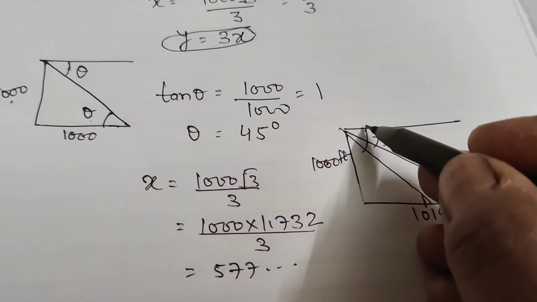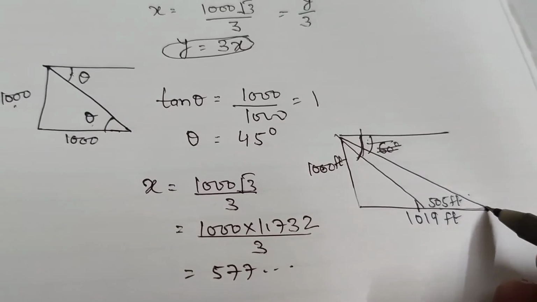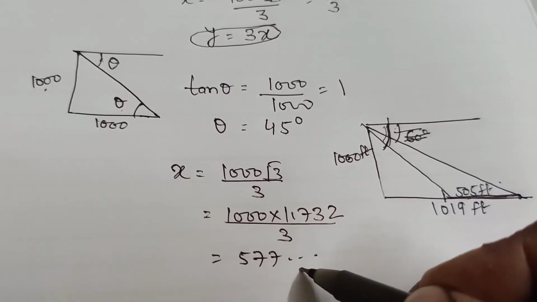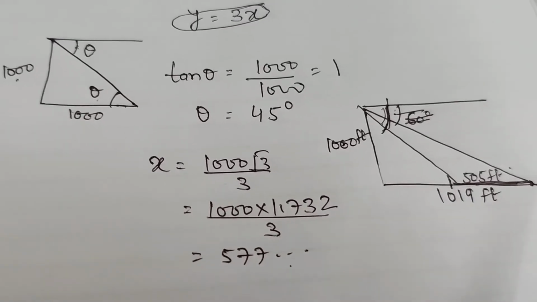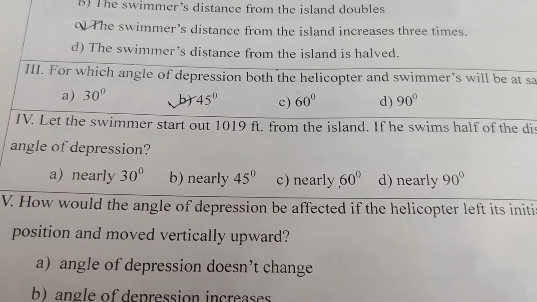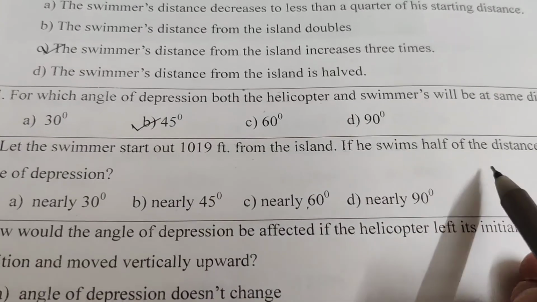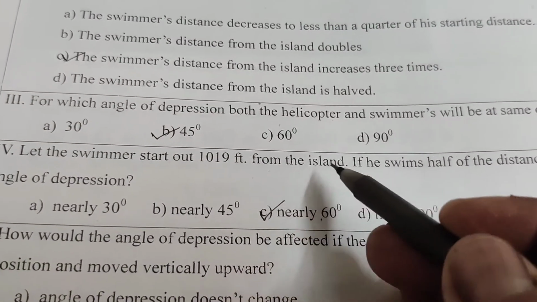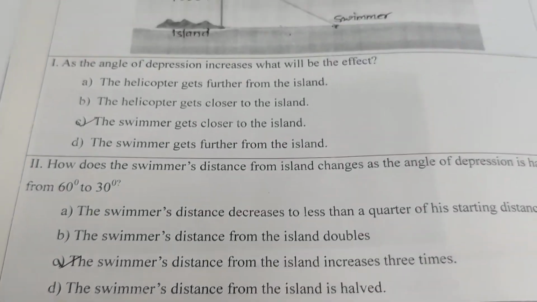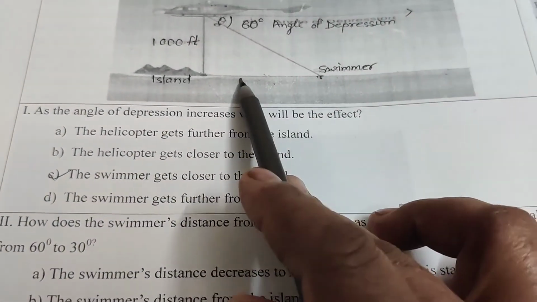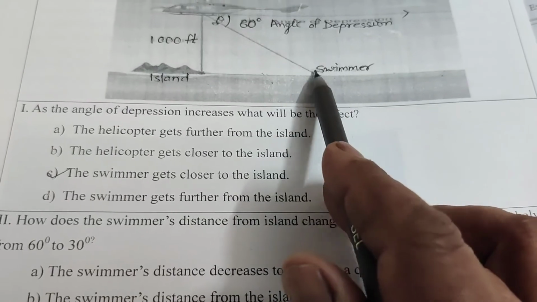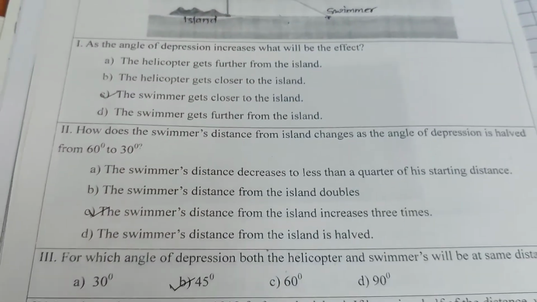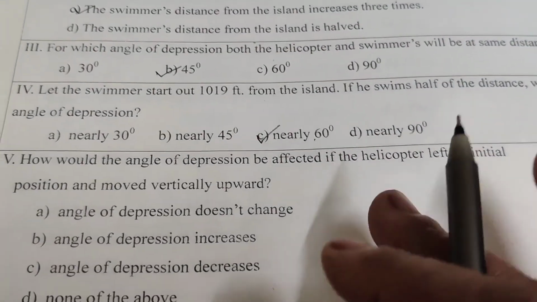It means it is nearly 60 degrees. The answer is nearly 60 degrees angle of depression, because if the angle of depression is 60 degrees the distance is 577 feet, and with 505 it is approximately 60 degrees.